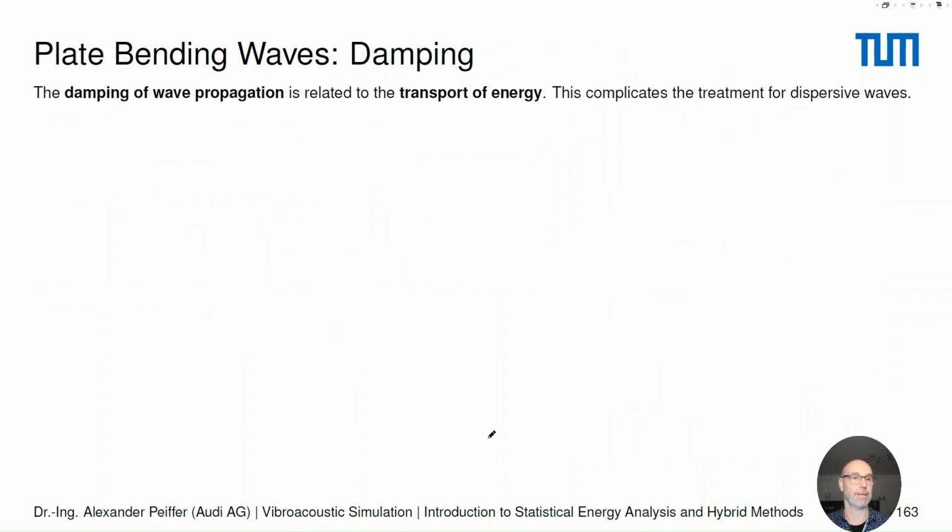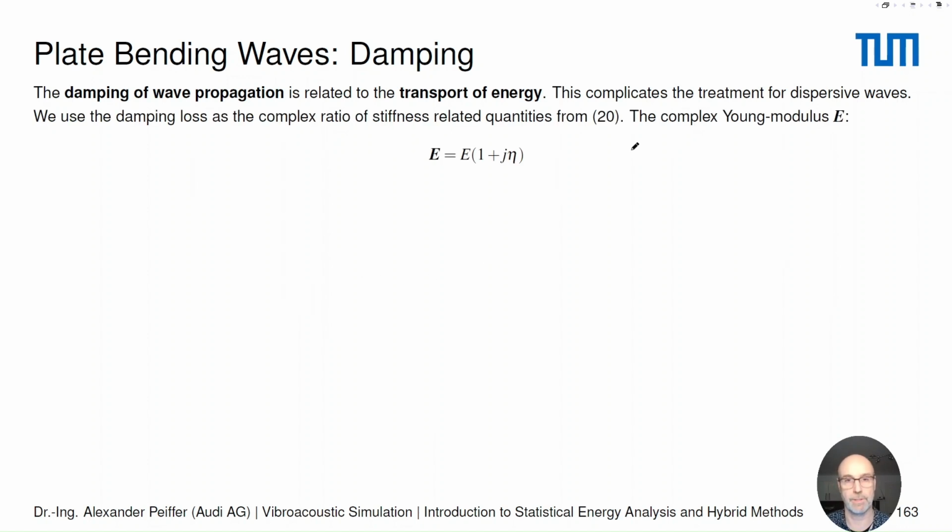Good. Okay. Damping. The damping of wave propagation is related to transport of energy, and this complicates the treatment for dispersive waves because we have another dependency. And just keep in mind, an easy way to address this is to look at the complex Young modulus, because this is where damping is hidden.